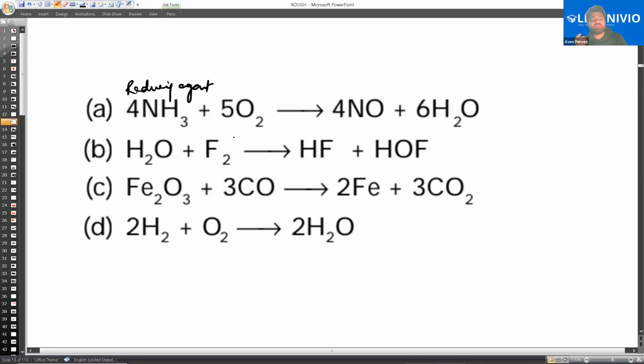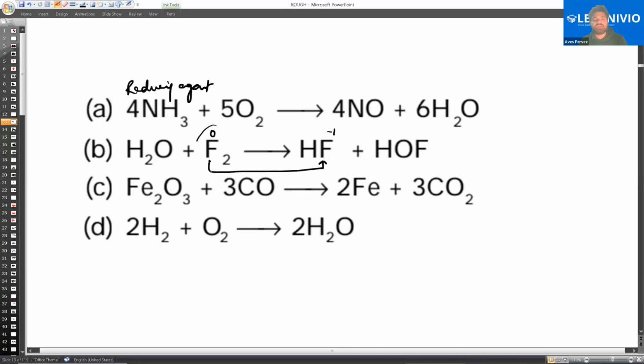So let's check. F here has zero oxidation state in F2, and here it has -1 oxidation state in HF. So fluorine is reduced.